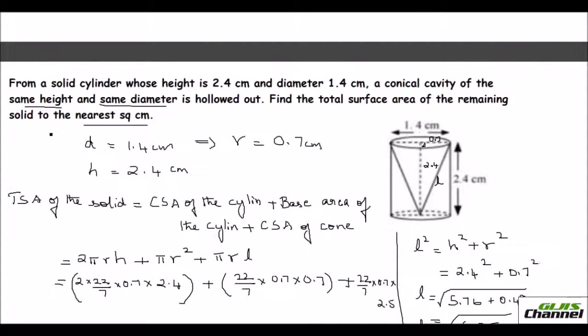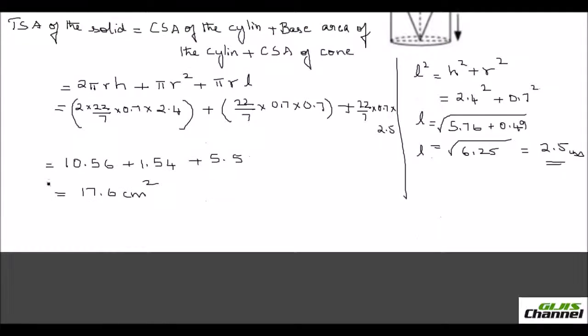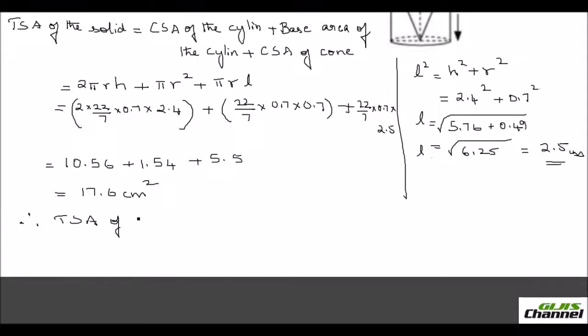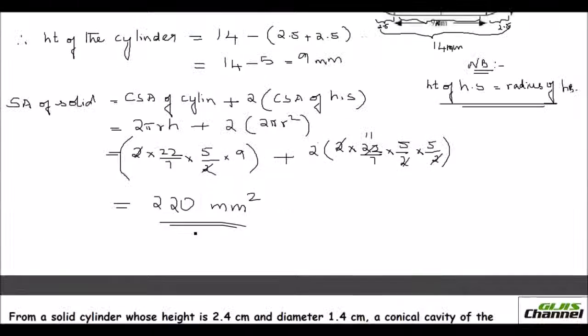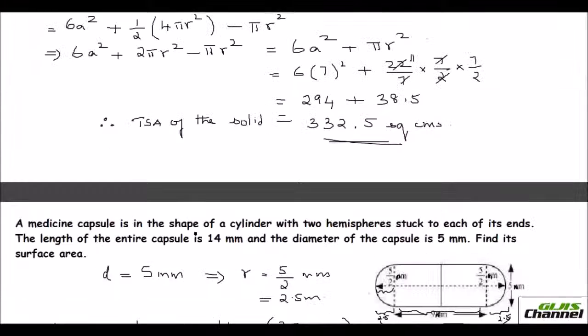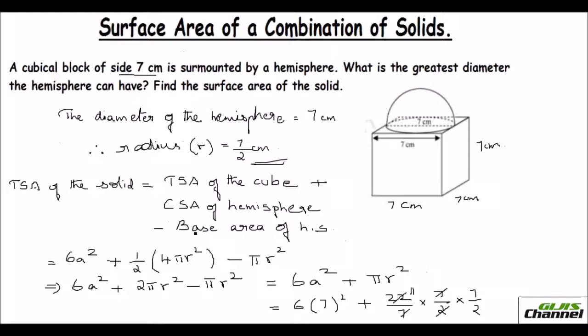And in the question they have asked you to round it off to the nearest centimeters square. So I would say therefore TSA of the solid is equal to 18 centimeters square. Okay, I just round it off. So this is all. This is how you find the surface area of the combined figures. Okay, combination of solids.